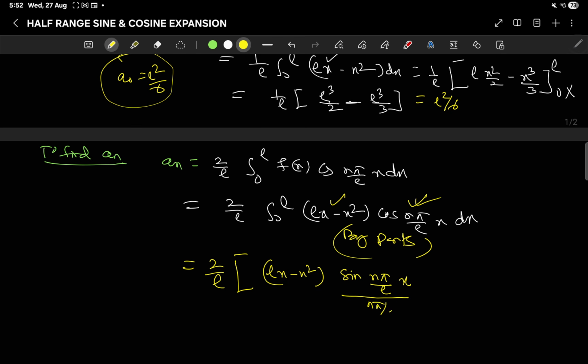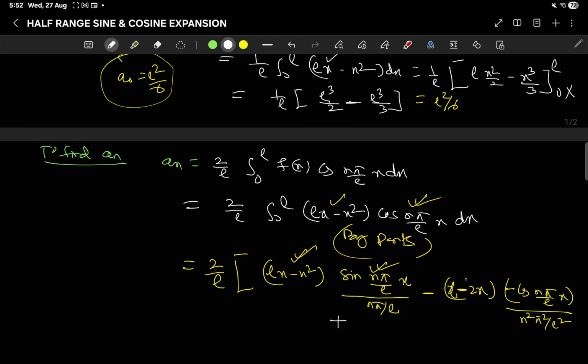right? Divided by n pi by L being a constant. Minus, put a negative sign, the derivative of this is (L minus 2x) and integration of sine is minus cos(n pi x by L), divided by, already we have n pi by L, again we have n square pi square by L square. Then put a positive sign.